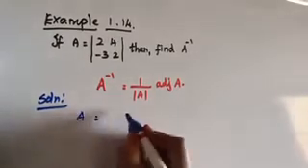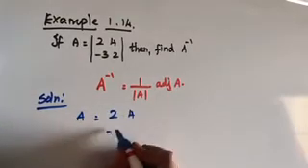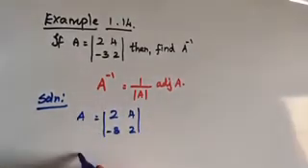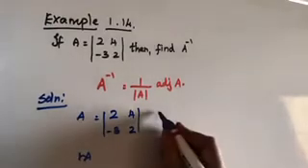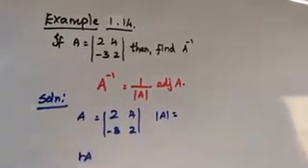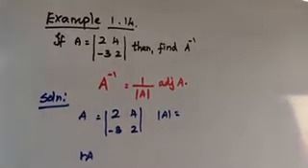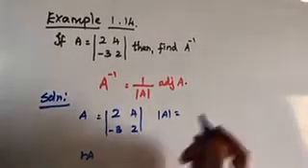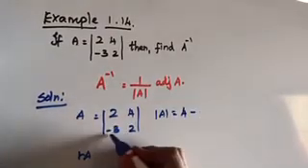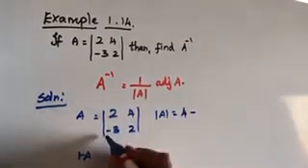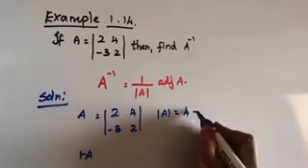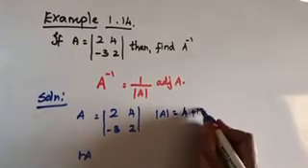A is equal to 2, 4, minus 3, 2. So determinant A is equal to, how could we calculate the value? 2 2s are 4 minus, 4 minus 3s are minus 12, so minus of minus is plus 12.